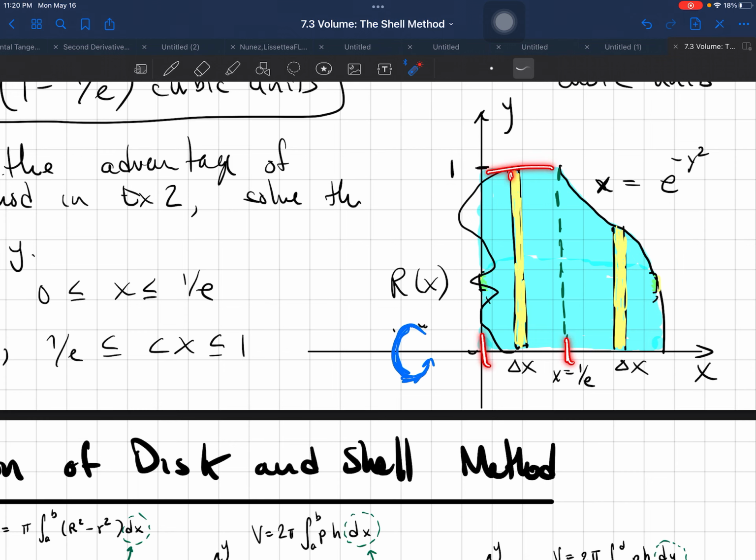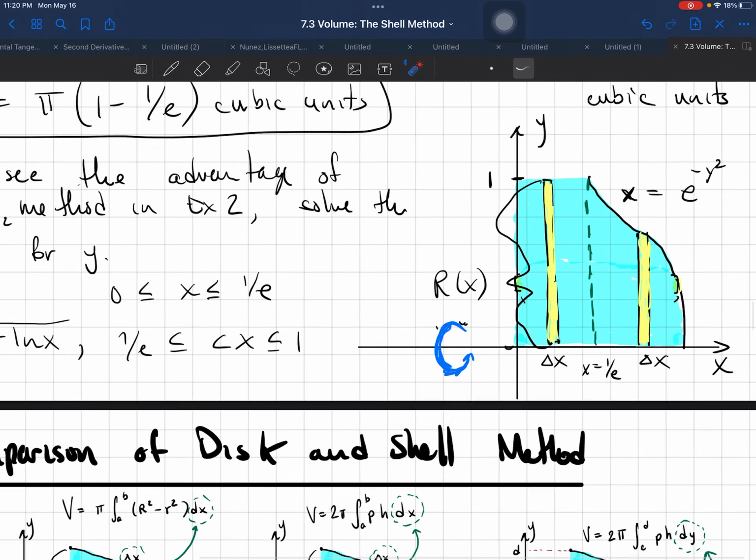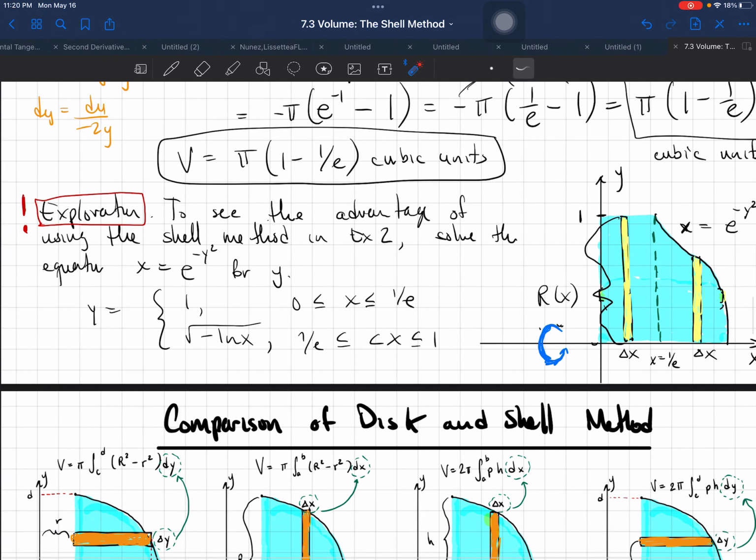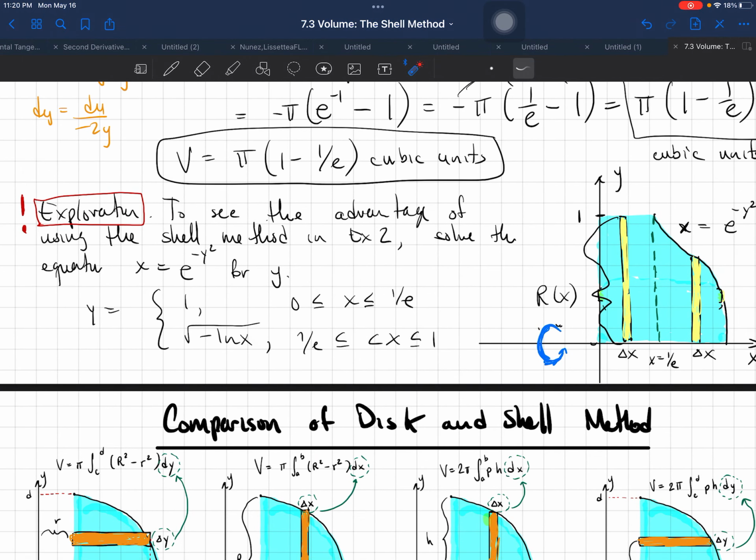From here to here, the height of the rectangle no longer depends on this function, but it actually depends on y equals 1. So we can see here that in order for us to do this with this method, we would have to create a piecewise function and say that y will be equal to 1 from 0 to 1 over e, and it will be the square root of negative natural log of x from 1 over e to 1.